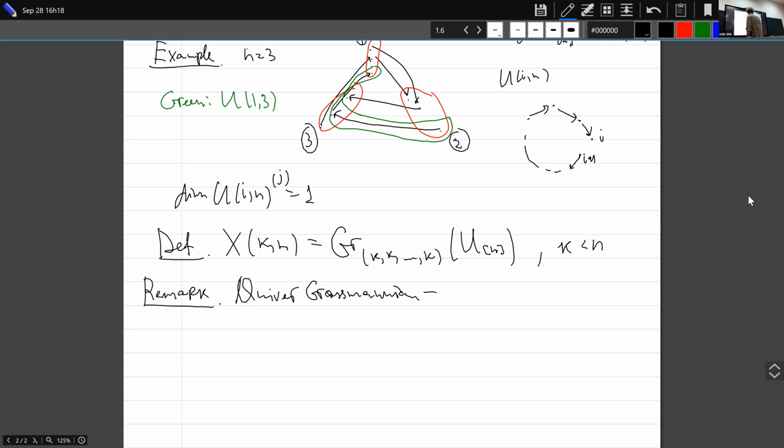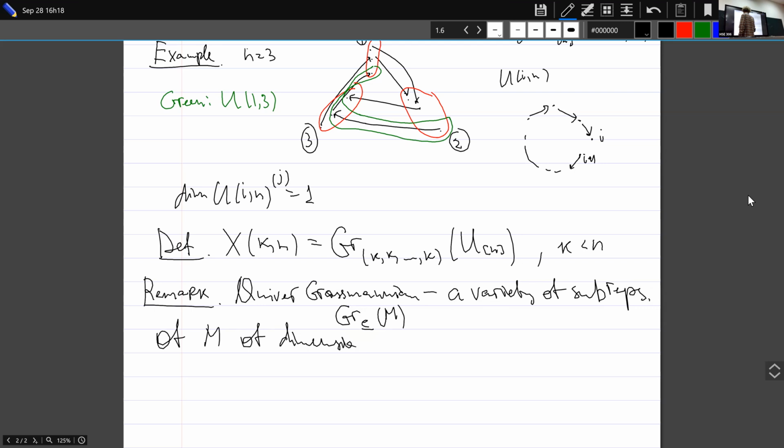is actually a variety of sub-representations. So maybe I put here Gr_e(M). This is a variety of sub-representations of M of dimension e.